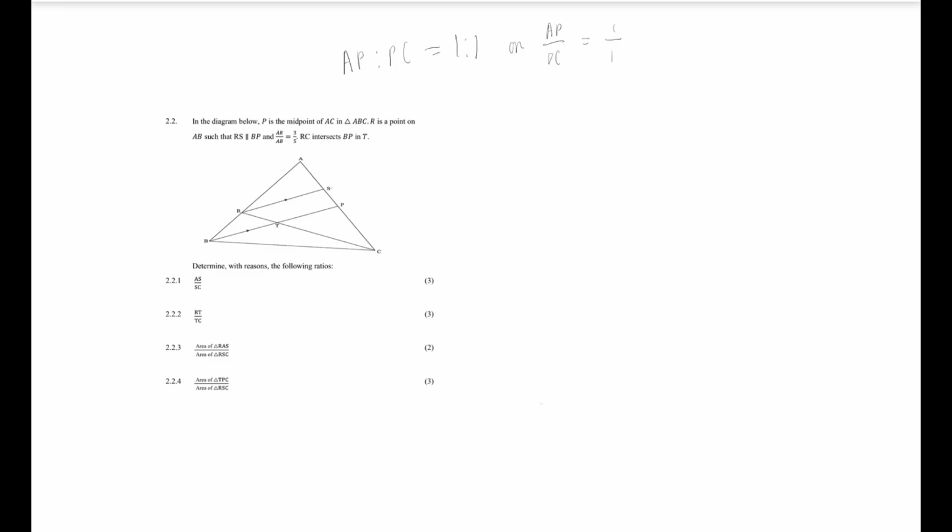I multiply those ones by a certain factor. I'm going to choose K here, which means that my AP is going to be K and my PC is going to be K. Because if I multiply by K, it's still going to give me the same thing, right?